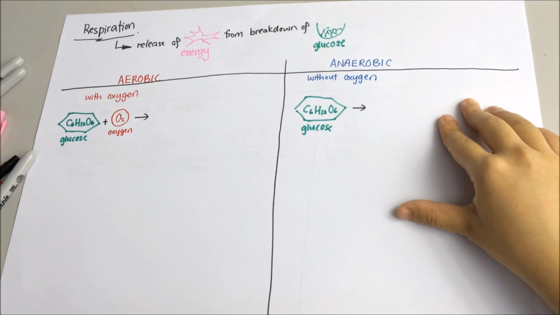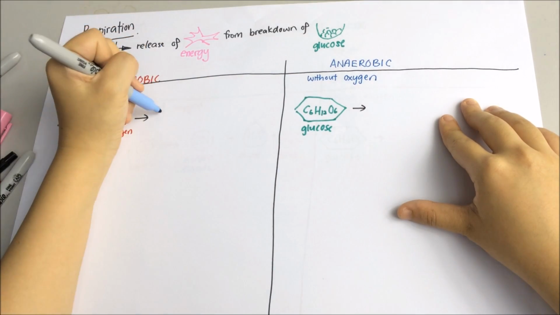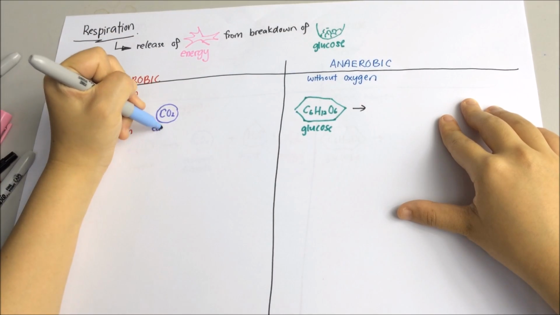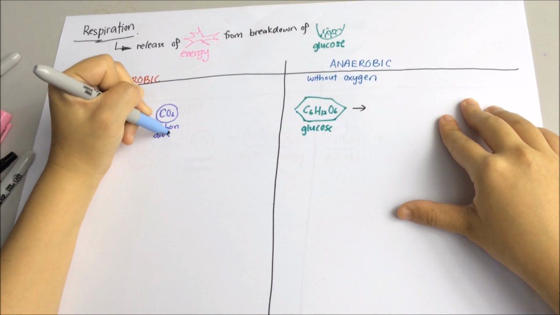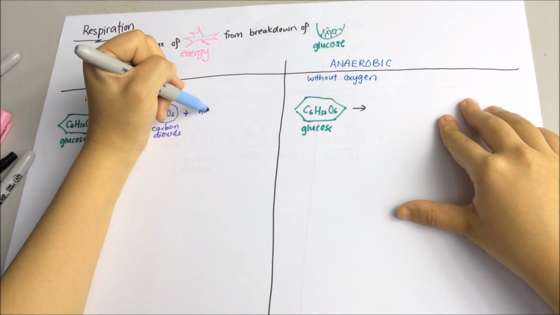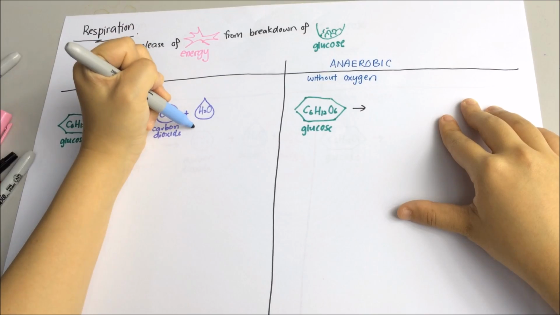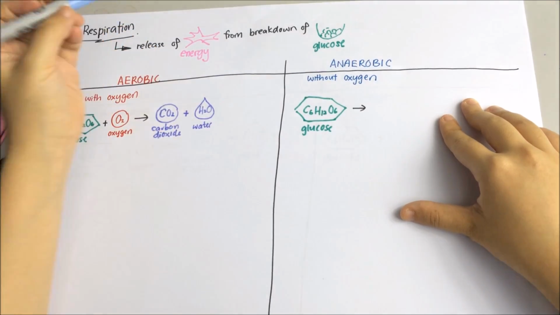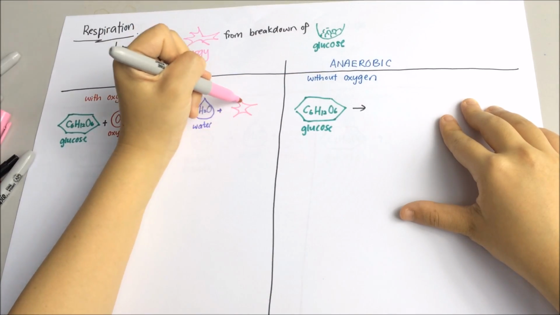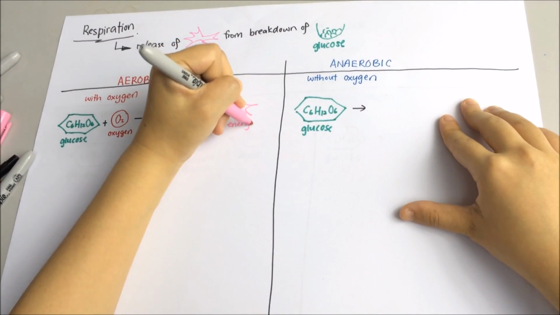Okay? From the equation, we can see that glucose is broken down by oxygen to release carbon dioxide, water, and energy as byproducts of the reaction.